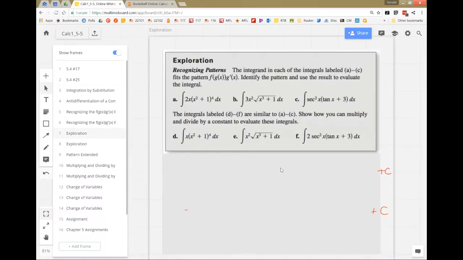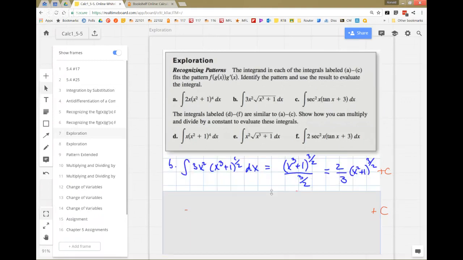All right, so this time we're going to take a look at part B. Okay, part B is, you notice we have this x cubed plus 1 underneath the square root sign. That's our innermost function, okay? And what's the chain rule of that inner part? 3x squared. Oh, that's perfect.